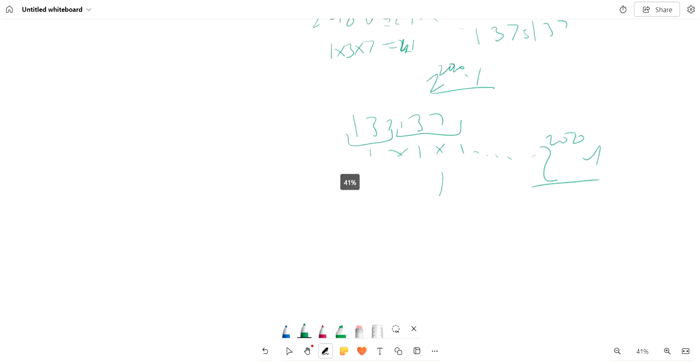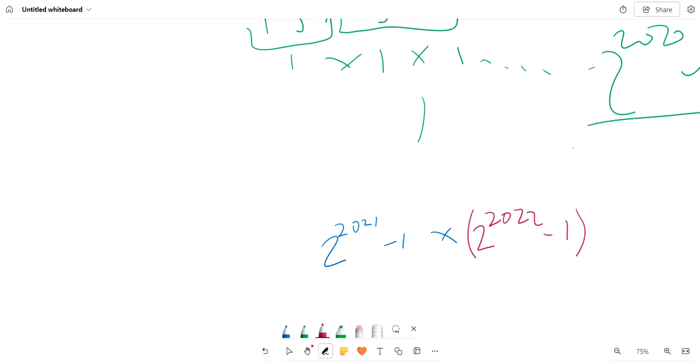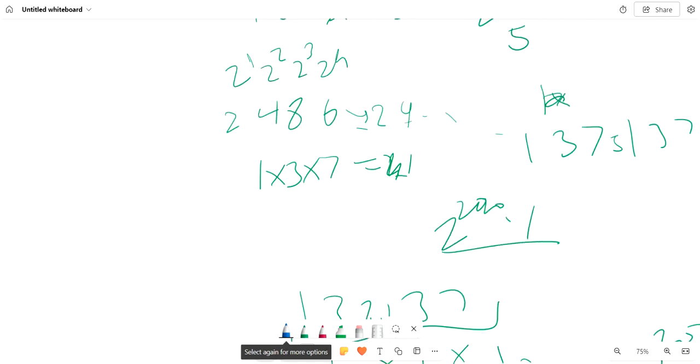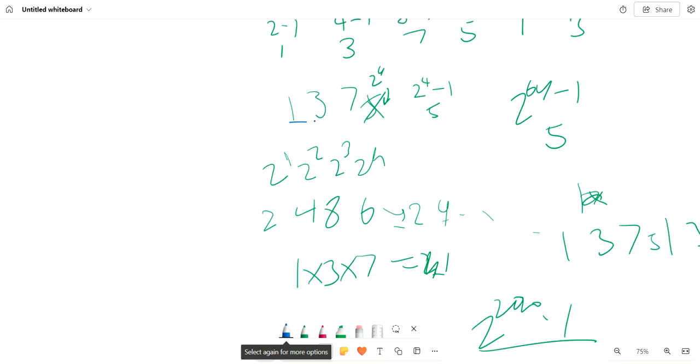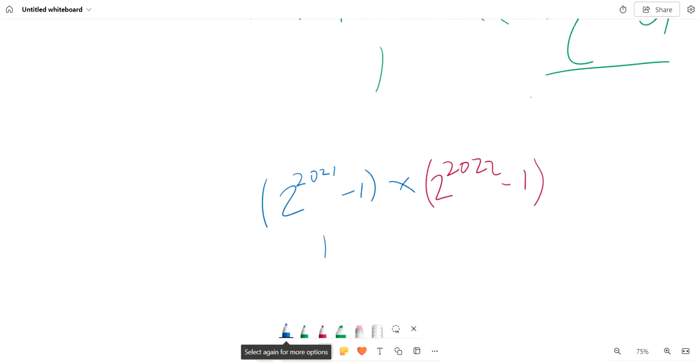And all we have left is just 2 to the 2021 minus 1 times 2 to the 2022 minus 1. Because this is remainder 1, this is like the first term of the sequence, which is 1.